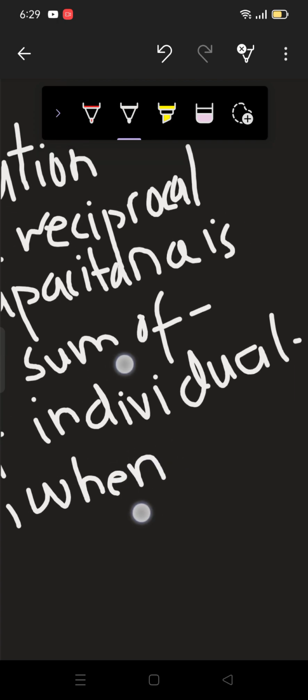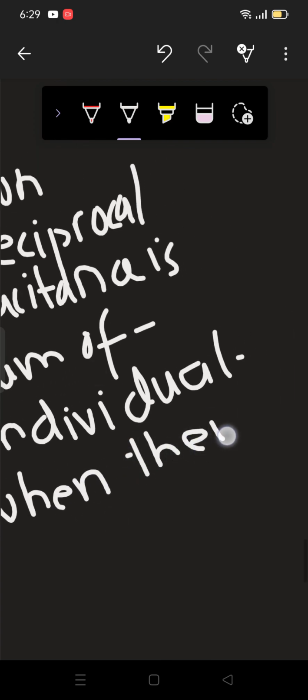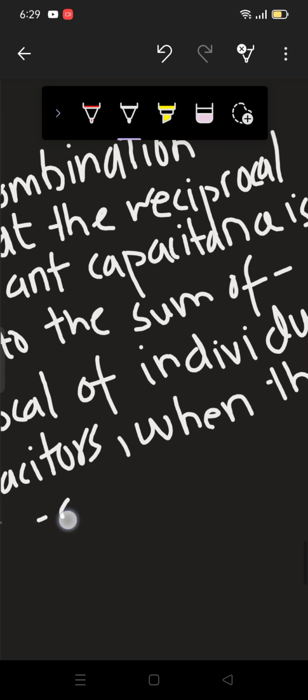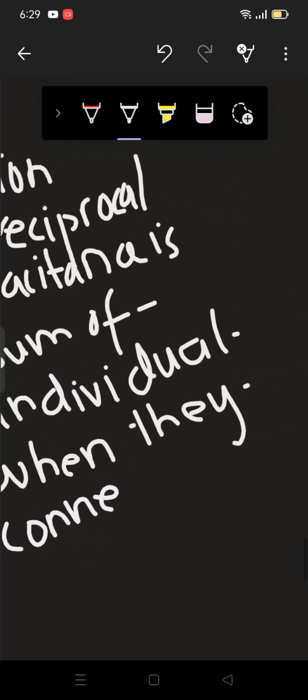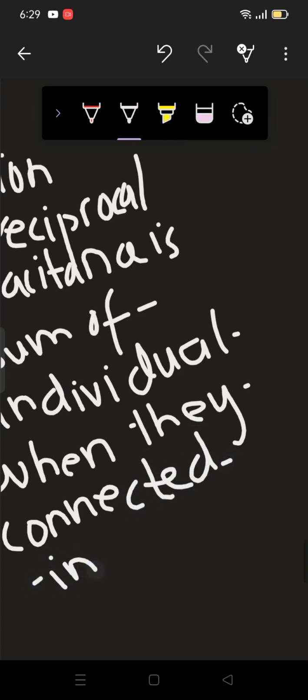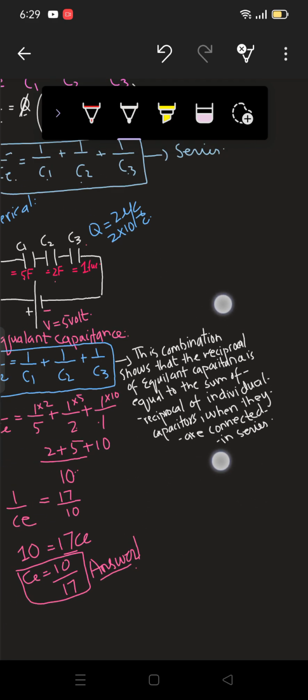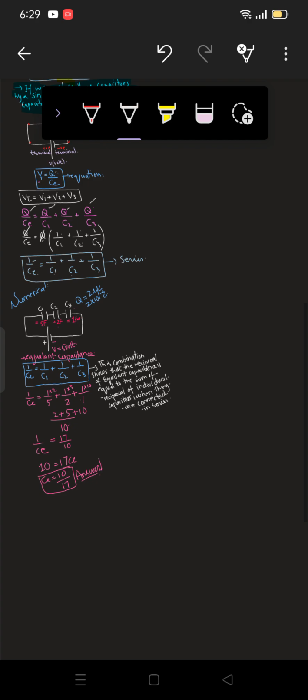So this equation shows that the reciprocal of equivalent capacitance is equal to the sum of the reciprocals of individual capacitors when they are connected in series.